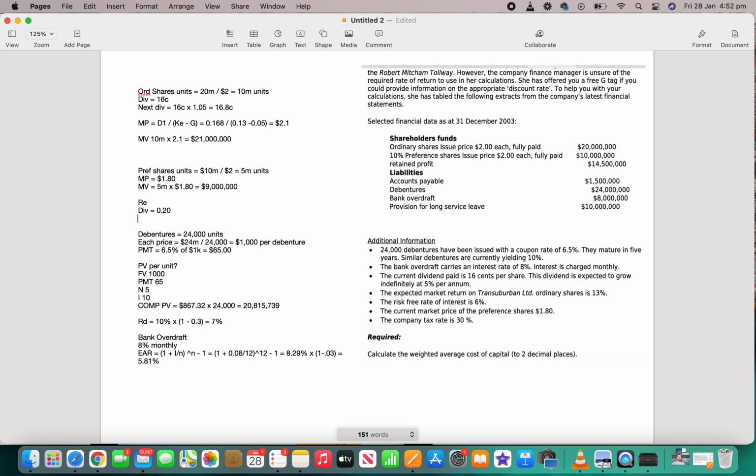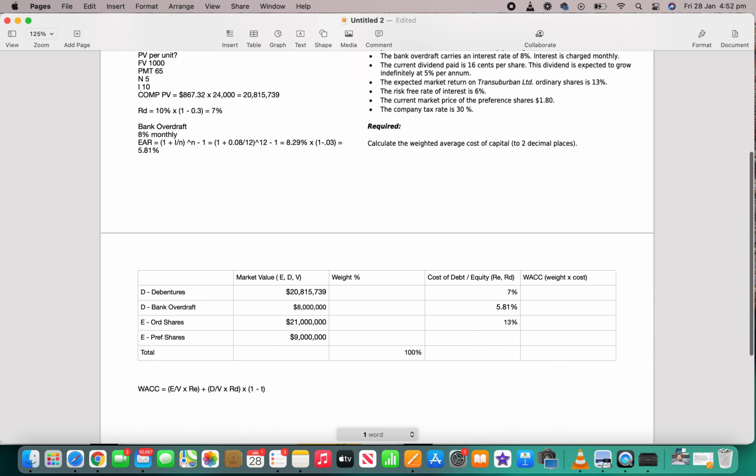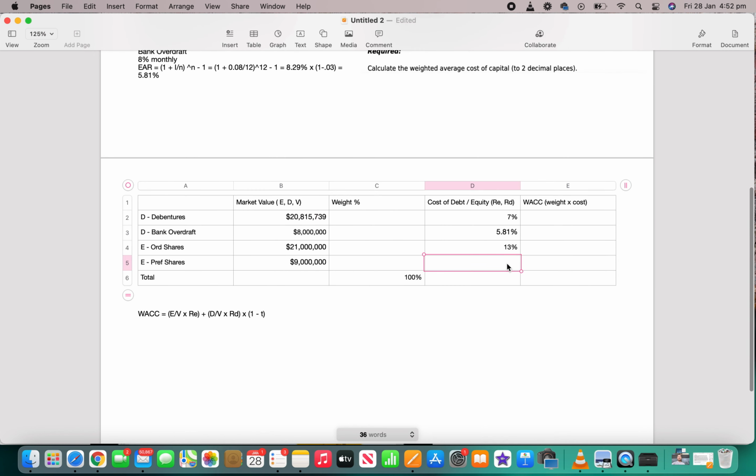To calculate our cost, we go dividend over market price, which equals 0.2 over 1.8, which equals 11.11%. So that's our cost there. Again, this is all based on prior learning, so you really need to understand that.